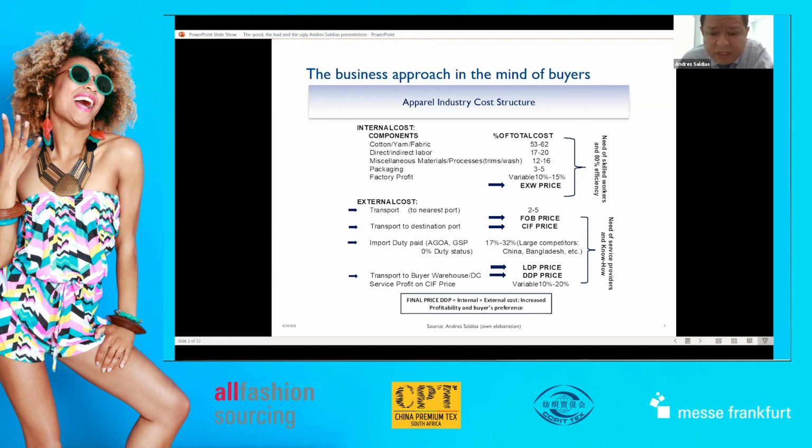And the buyer's preference at this point is to receive the goods at their warehouse. That means that all the administrative work, the control, the scheduling, and the logistics from exporting and moving the cargo from your factory to the warehouse is going to be on the supplier's responsibility.